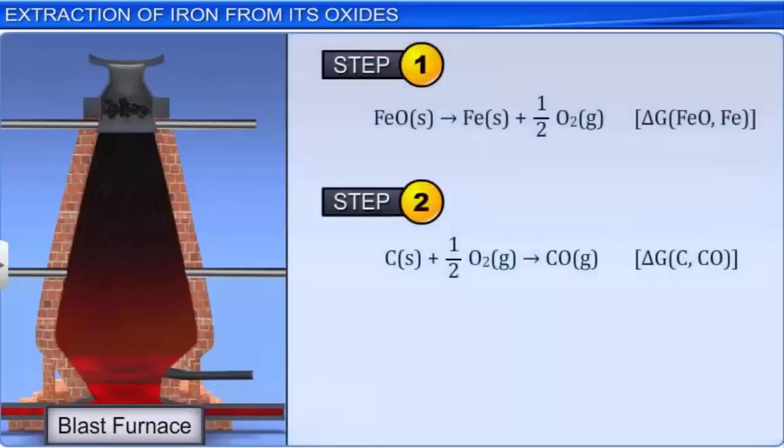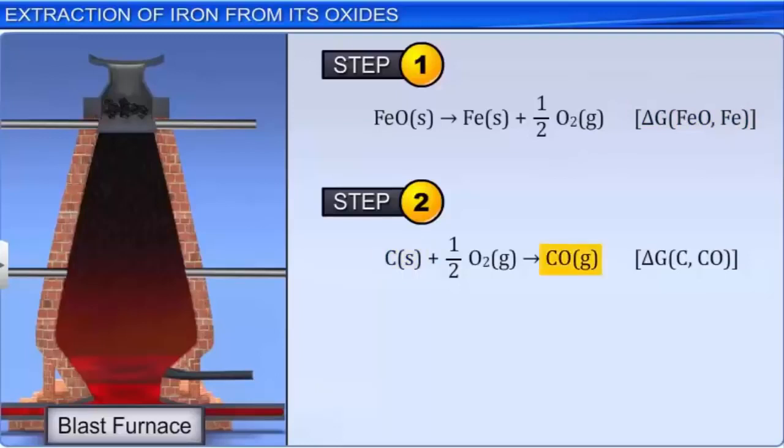This is a combination of two simple reactions. In the first reaction, ferrous oxide gets reduced to iron. Let the change in the Gibbs free energy for this reaction be delta G FeO,Fe. In the second reaction, carbon gets oxidized to carbon monoxide.